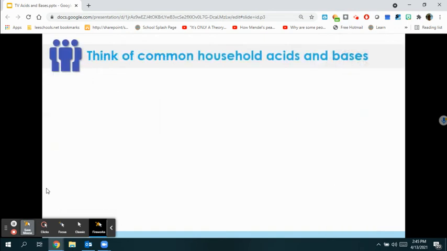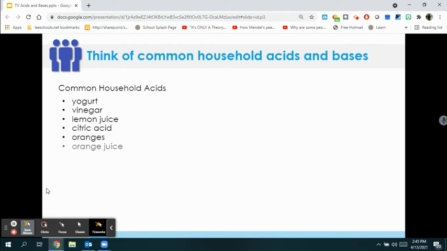Think of some common household acids and bases. Common household acids are yogurt, vinegar, lemon juice, citric acid, oranges, orange juice, limes, jelly, pineapples, cranberry juice, milk, soda, batteries.